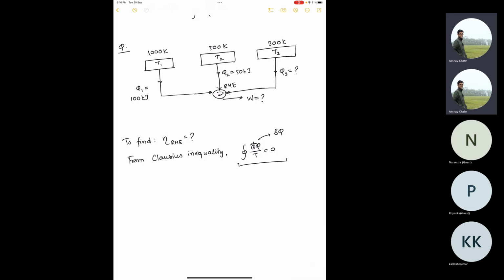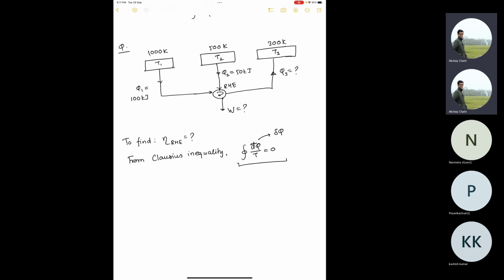I forgot to see the arrow actually. So, one second, I'll just modify the image slightly. So this is going to the sink and you are getting some work output which is unknown. So you have two sources and one sink. It's not a simple problem with one heat source and one heat sink.